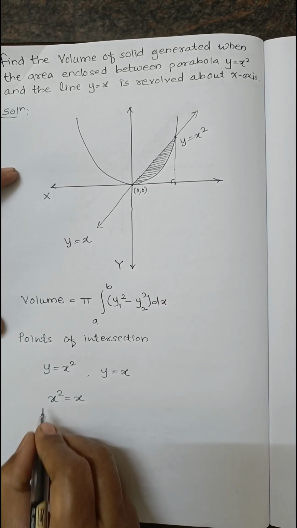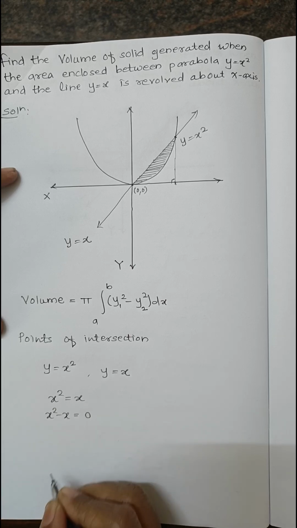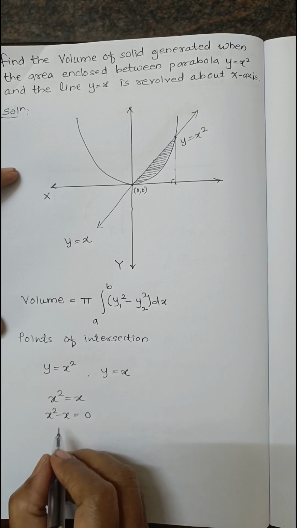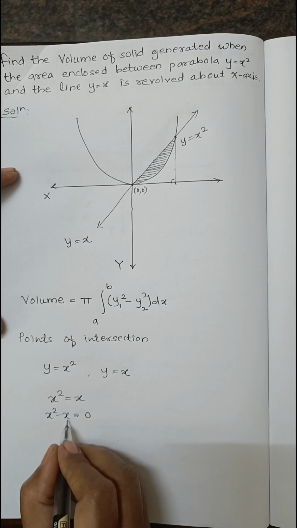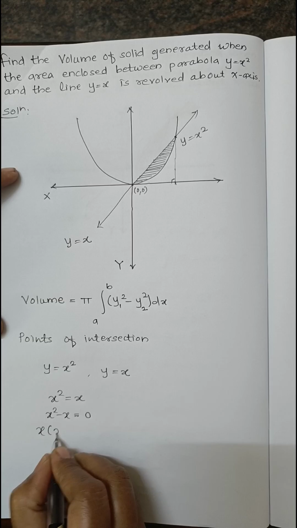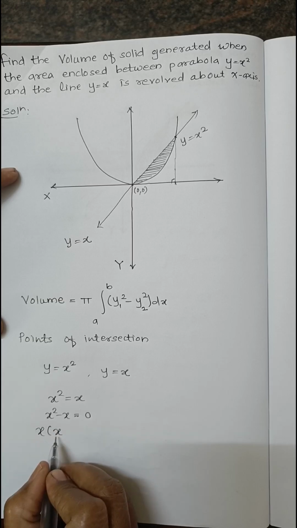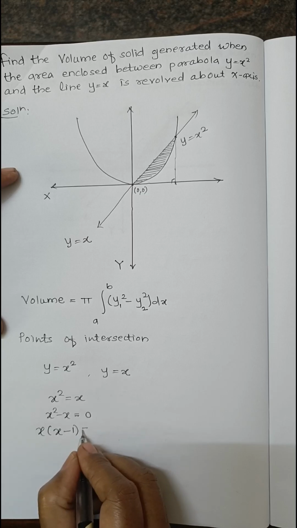Now if we take this x to this side, then x square minus x is equal to 0. Now we can take x as common. If we take x common, x remains in the first term and 1 remains in the second, x into x minus 1 is equal to 0.